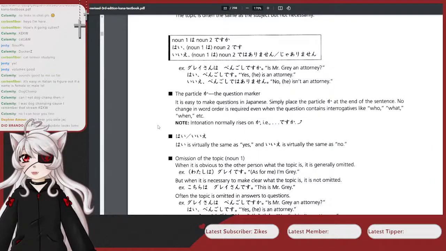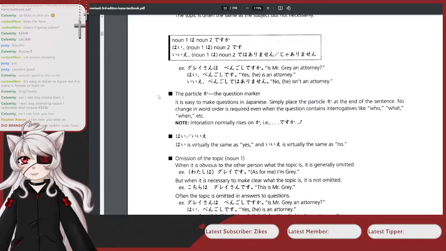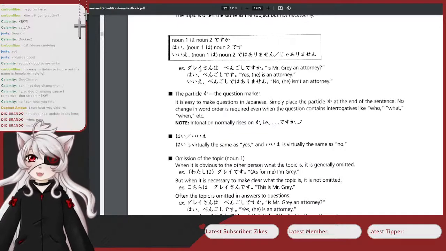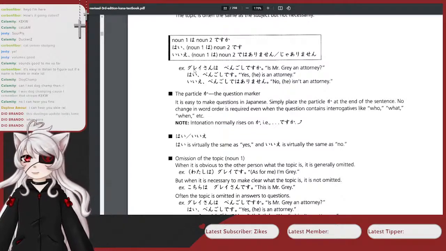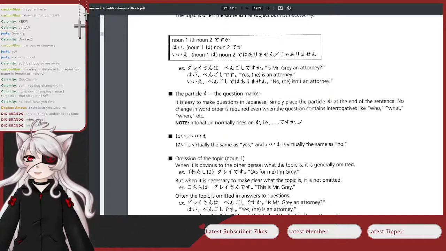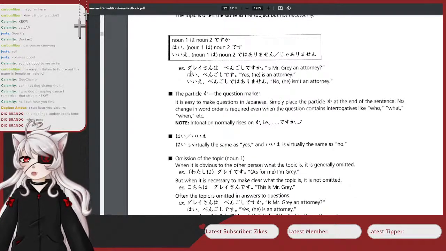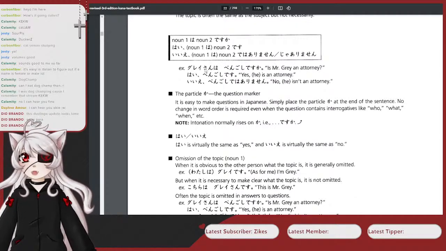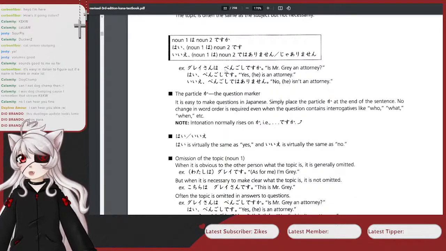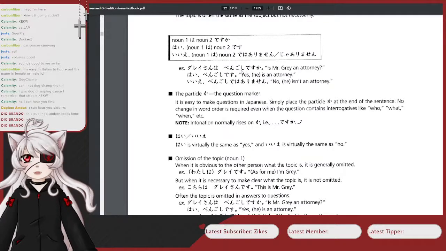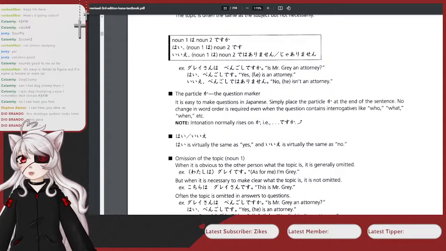This is a real textbook. So yeah, the example here is Gure-san. Alright, Dio. So Gure-san wa bengoshi desu ka?